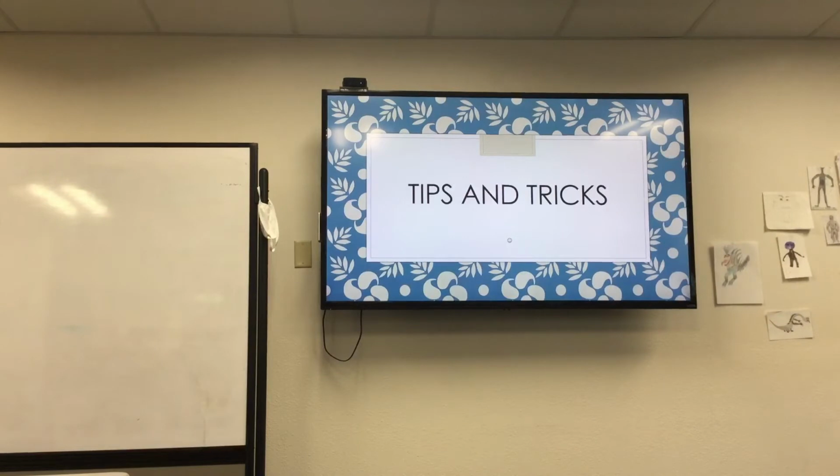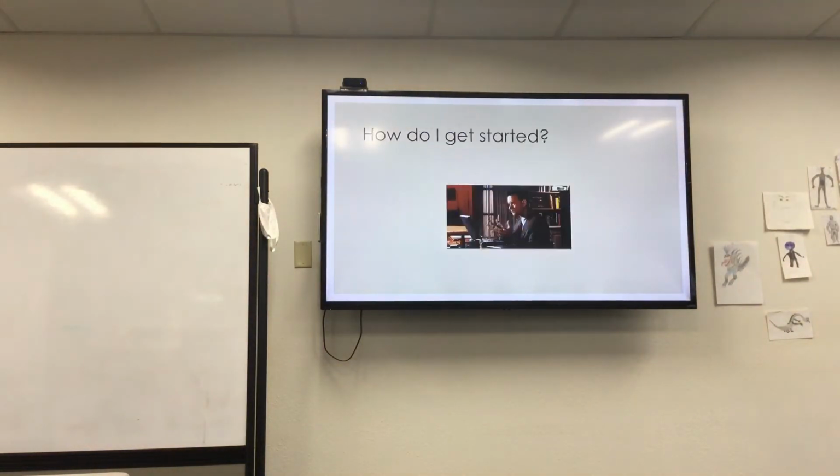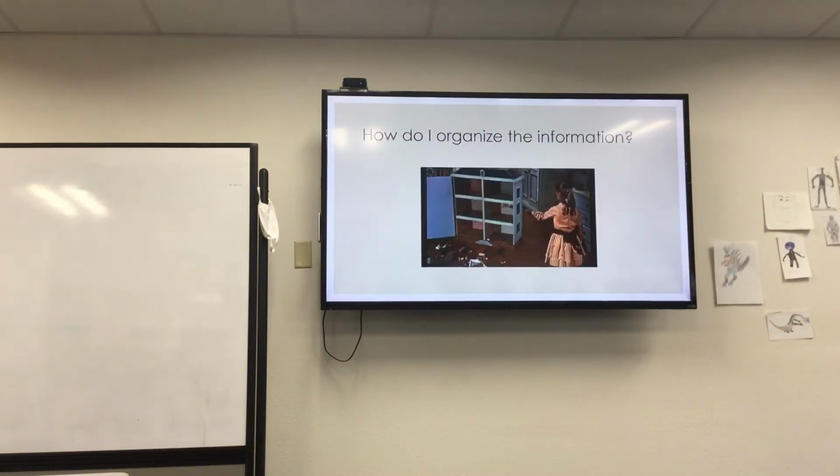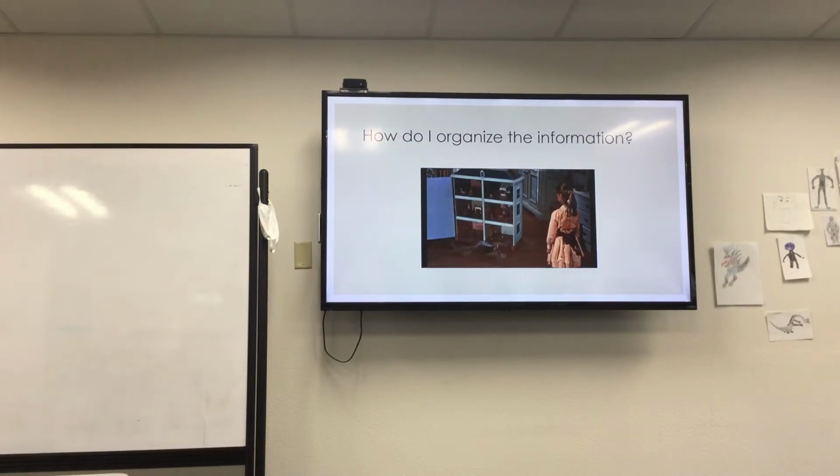All right, so how do we get started here? First thing you want to think about is how to organize your information. Think about those little dollhouse rooms as different categories that you're putting your information in, and you want the stuff that belongs in that room to be in that room or in that category.